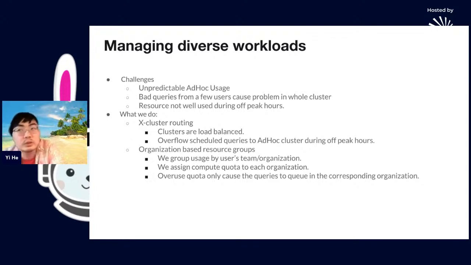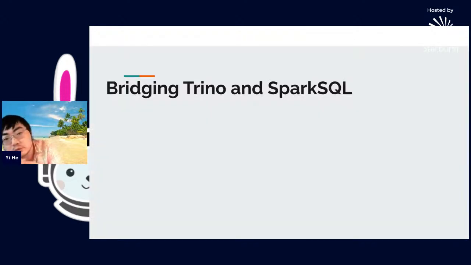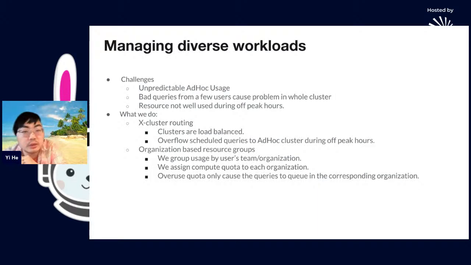We also allow overflow of scheduled queries back to ad hoc clusters during off-peak hours. Because scheduled queries can be scheduled in off-peak hours, running those then and overflowing to the ad hoc cluster better utilizes the ad hoc cluster resources.